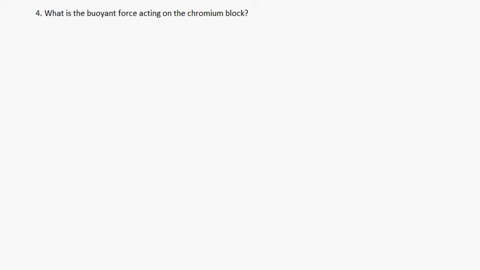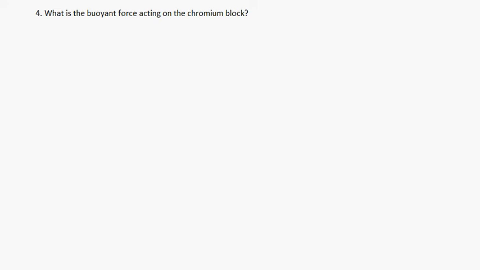What we can use in this case is the fact that we have found how much ethanol is displaced in the process of dropping the block under the ethanol. This is important because since we have the volume, that gives us a handle that will help us to find other things about the displaced fluid.